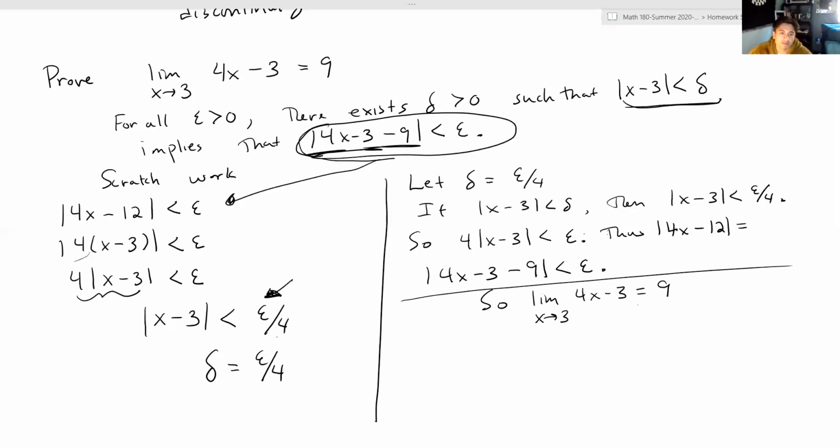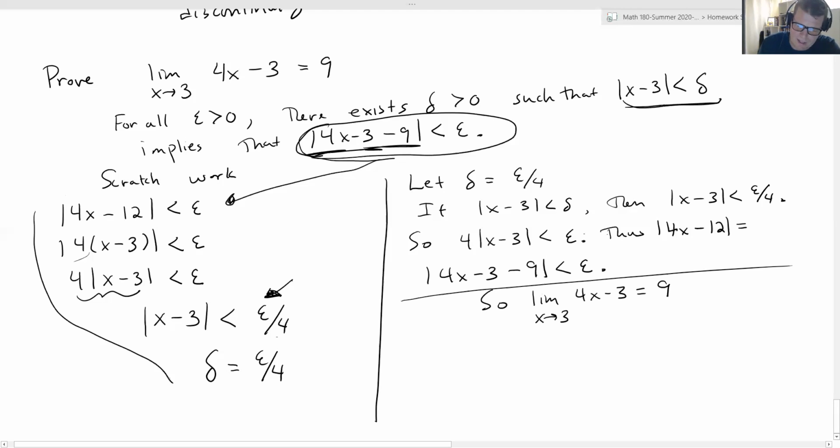So, Professor, basically on the left side you're solving for delta, and then you're plugging delta into the other equation to turn it into the epsilon equation. That's exactly right. It's like you went backwards: you did this in order to find delta, and then you go backwards to show that it's the epsilon.